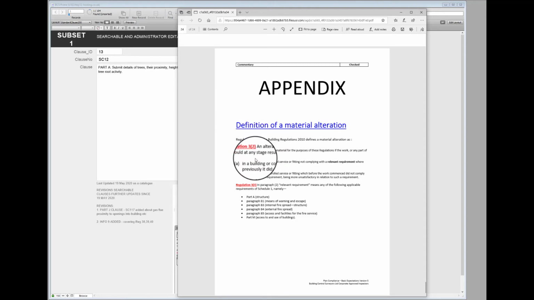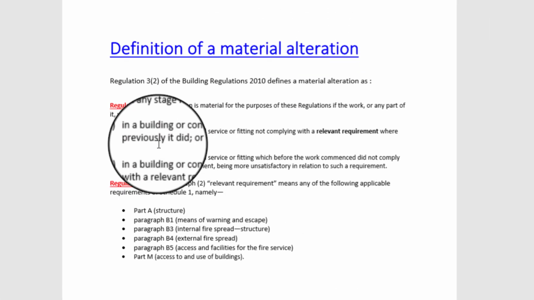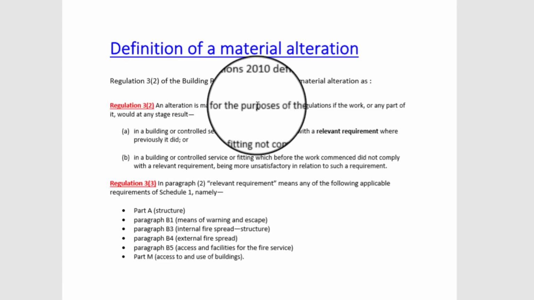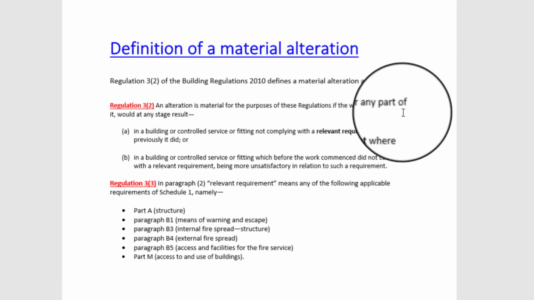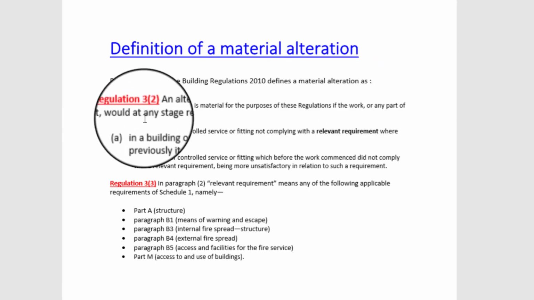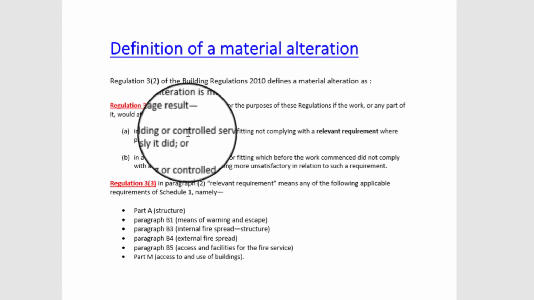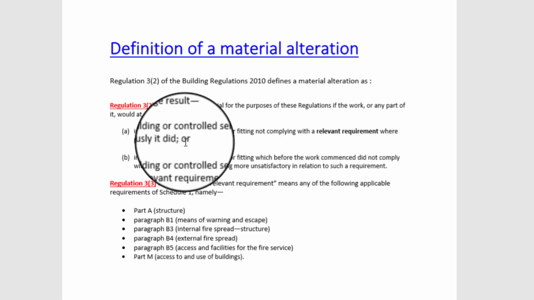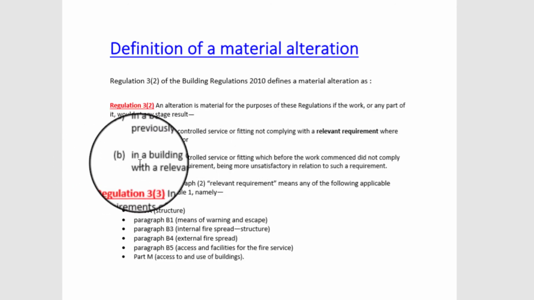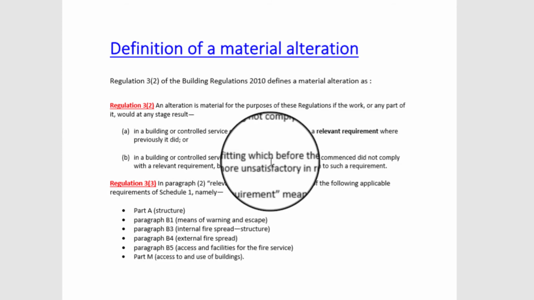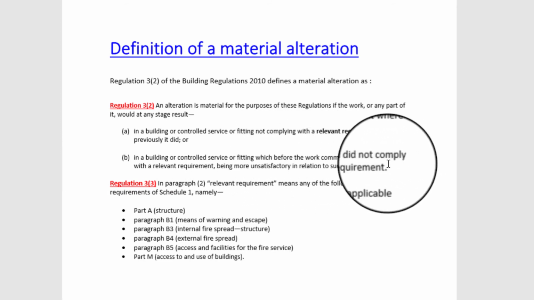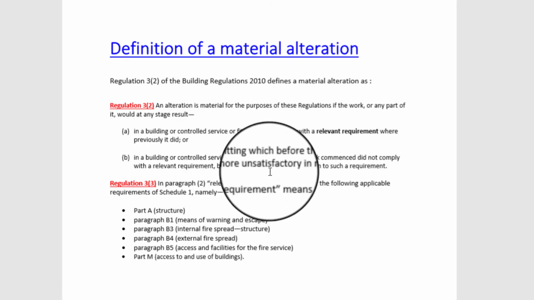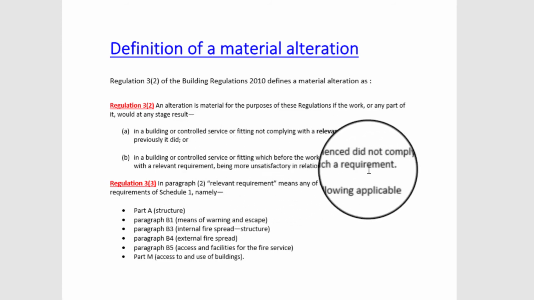The key thing about this, when you read it, remember regulation 3.2: an alteration is material for the purpose of these regulations if the work or any part of the work would at any stage result in A, a building or controlled service or fitting not complying with a relevant requirement where previously it did, or B, a building or controlled service or fitting which before the work commenced did not comply with a relevant requirement being more unsatisfactory in relation to such a requirement.